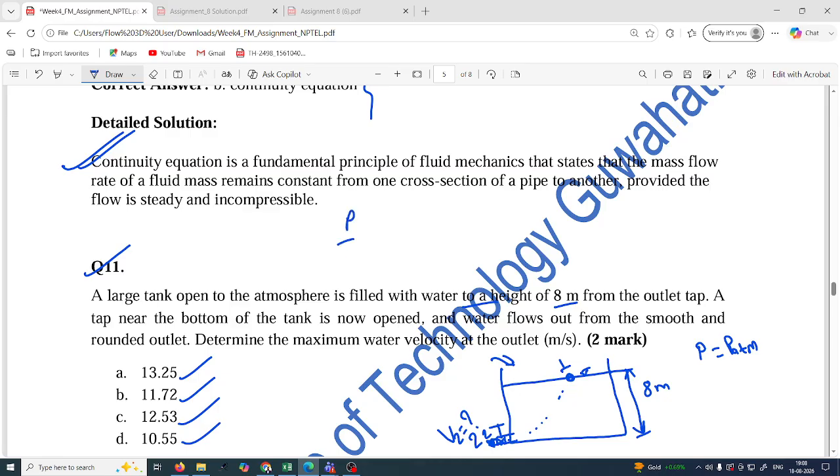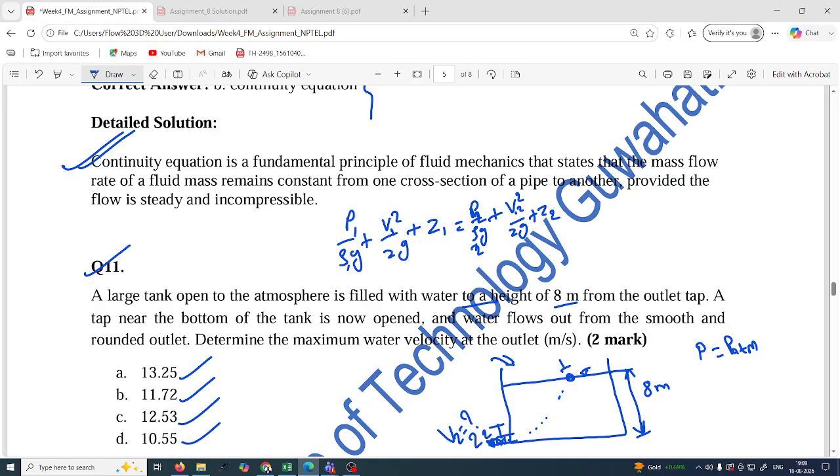So P by rho g plus V squared by 2g plus Z is equal to P by rho g plus V squared by 2g plus Z. This side is 1, and this side is 2.